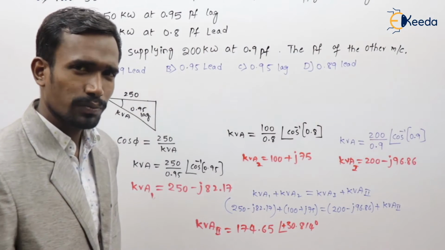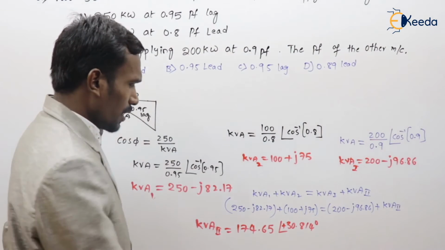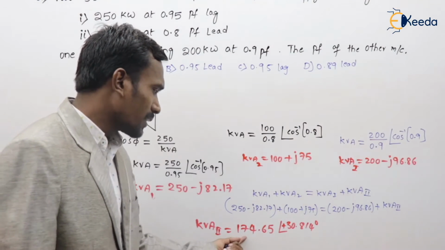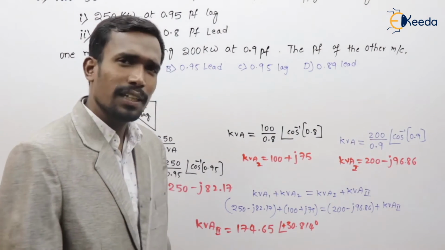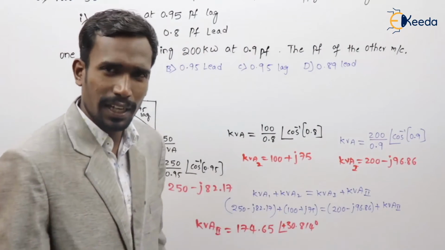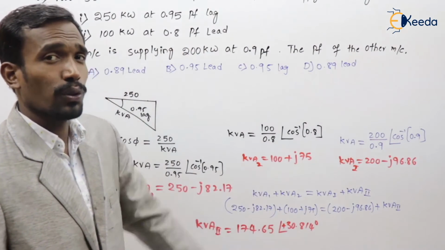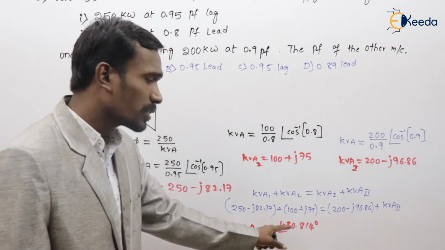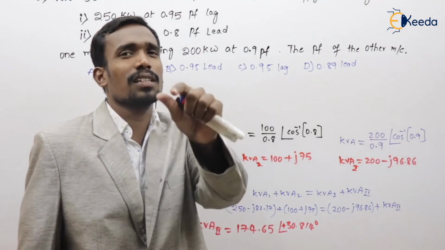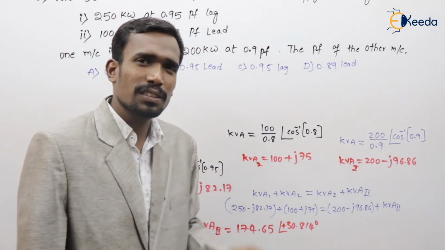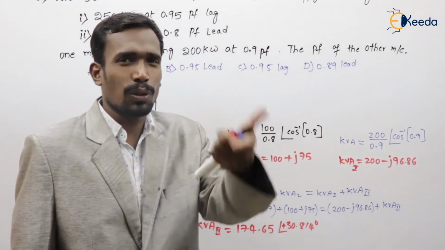The load shared by the second alternator is 174.65 at an angle of 30.814 degrees. Then tell me, the positive sign represents just a leading load.